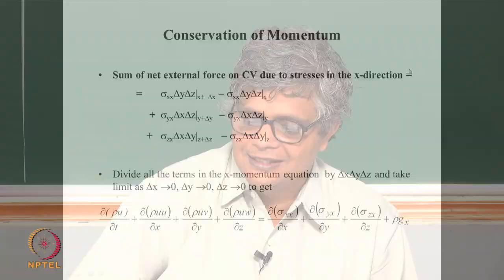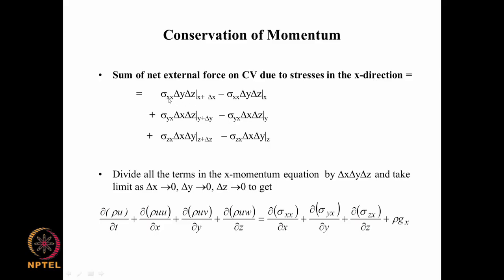So, this is equal to sigma xx at x plus delta x times the area, which is delta y delta z, minus sigma xx at x times delta y delta z, plus sigma yx at y plus delta y times the area, minus sigma yx at y times the area.